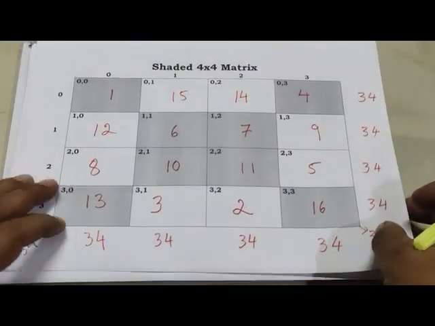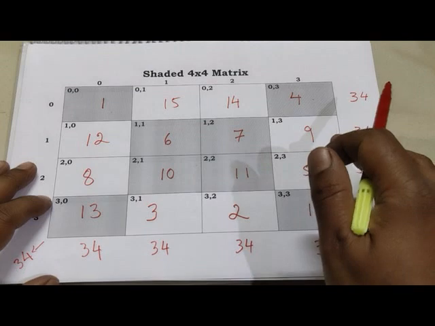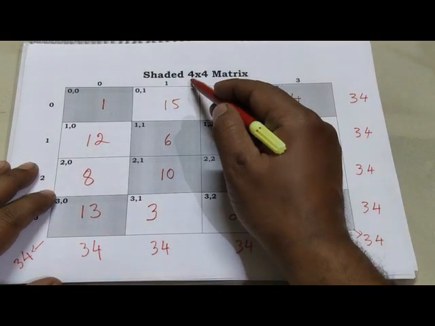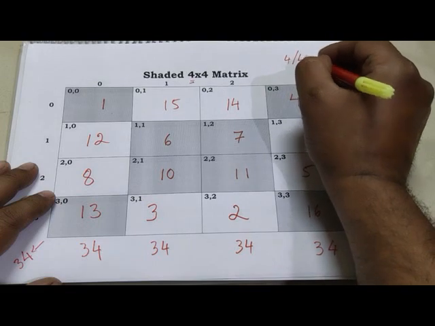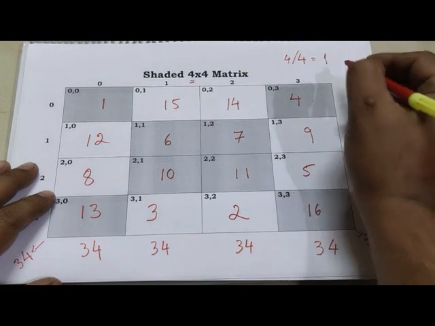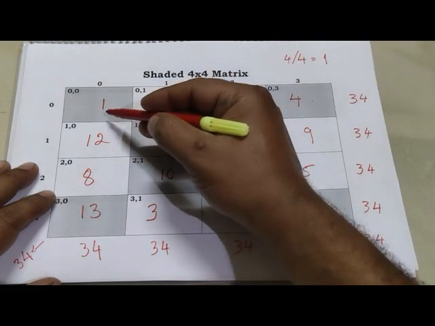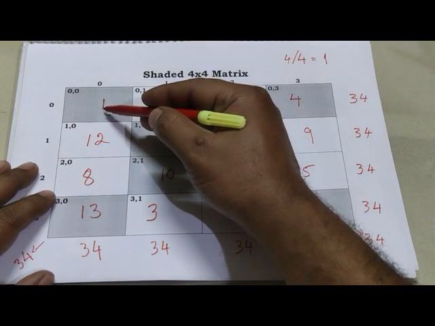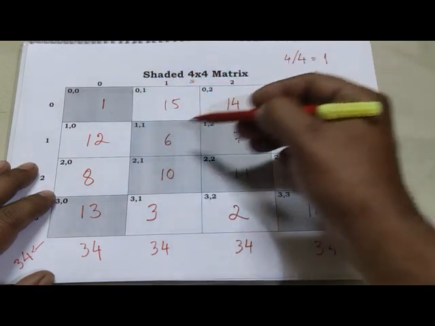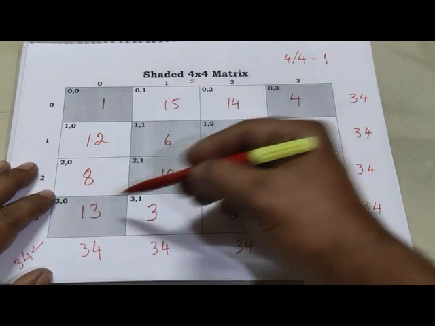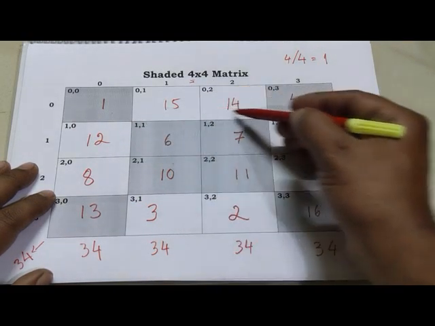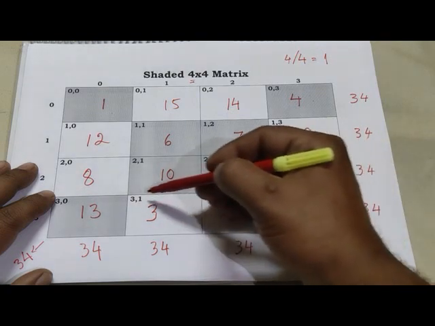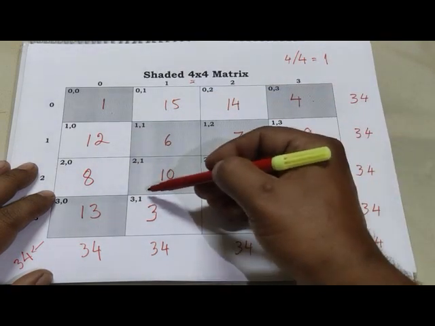So the symmetry is still the same. Since the size is 4, we do 4 divided by 4. The answer we get is 1. So 1 means we are going to take just 1 cell from each of the row and column. So for the 4 quadrants, and wherever it ends, from there whatever the remaining quadrants are there in the middle, we are going to take that.